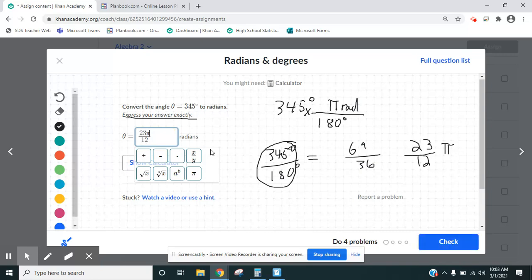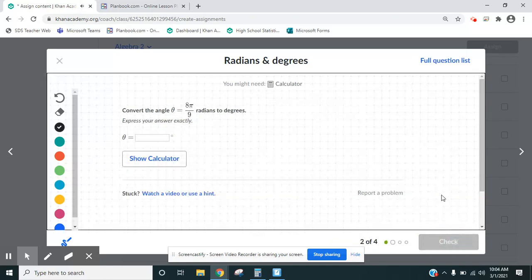If you saw that little shortcut I did, if you're just using the keyboard, if you type in pi, it'll change it to the pi there. Or you can click the little button. This is one way you could write it. You could also write it this way with the pi off to the side. Okay, that also works. So those are 2 examples: how we go from degrees to radians, radians to degrees. We did one of each. All right, so let's try out this assignment now.